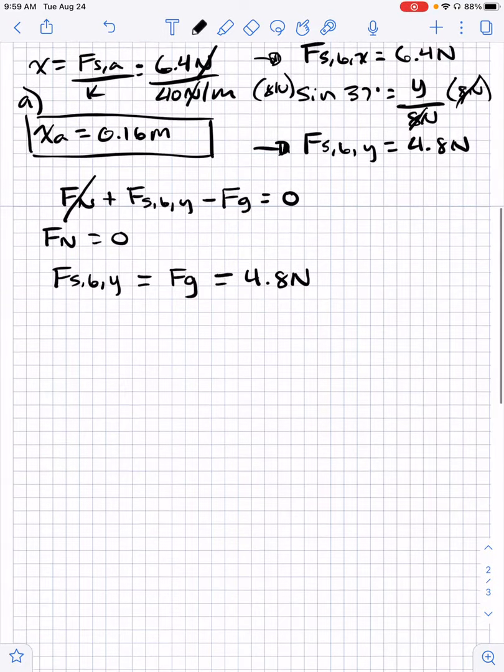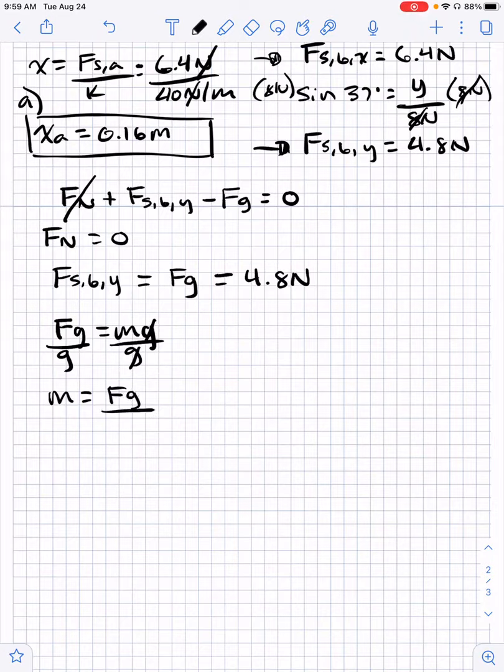And we know that our Fg is just equal to mg, and we're going to rearrange that for mass. We'll divide both sides by g. That cancels. So our mass is going to equal the weight divided by g. The weight is 4.8 newtons divided by 10 newtons per kilogram. So the mass is going to be 0.48 kilograms.